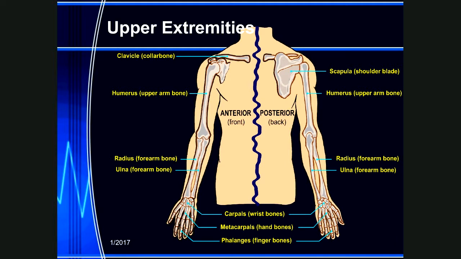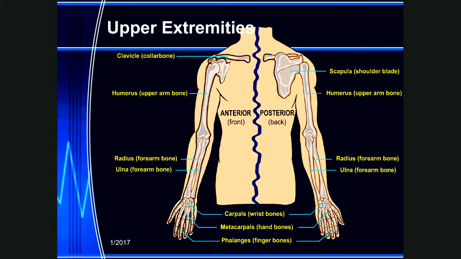Then we have our elbow joint, which allows us to flex. Then we have the radius and ulna. Remembering the anatomic position, the radius is the lateral bone, the ulna is the medial bone.